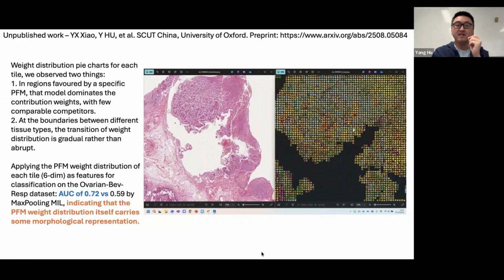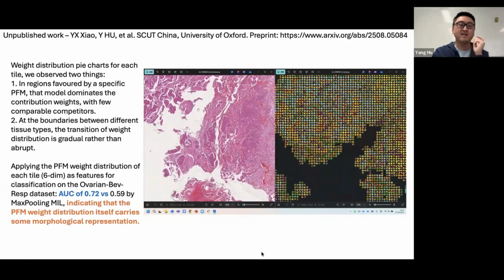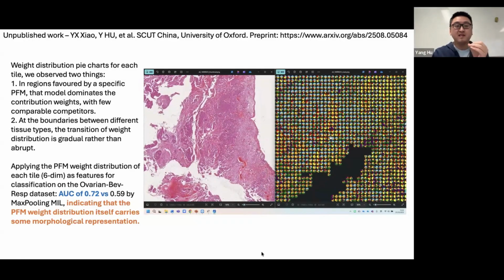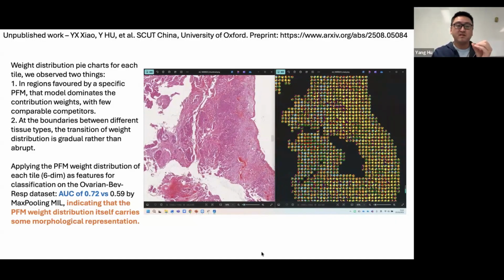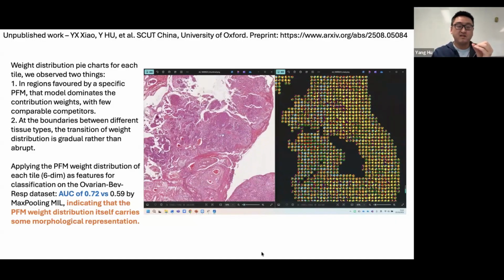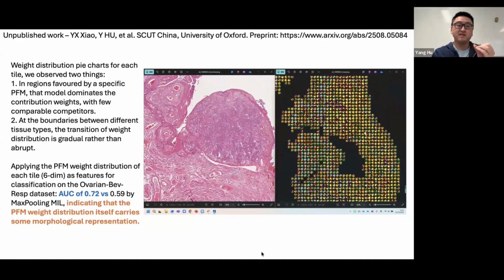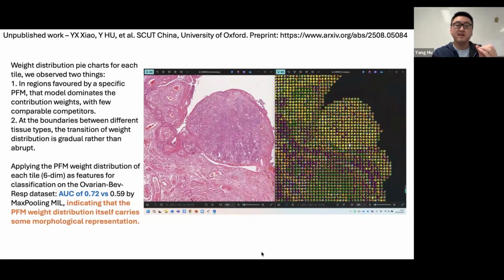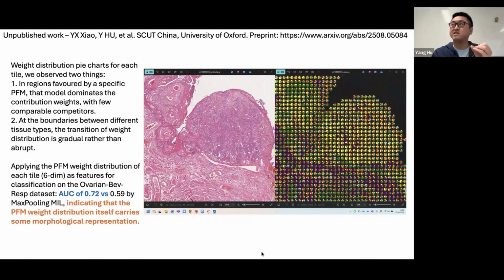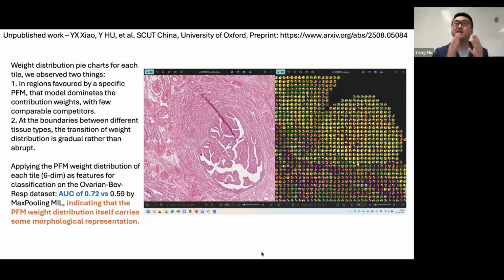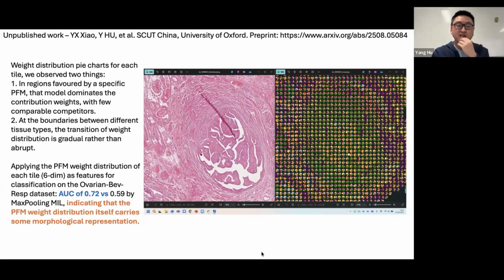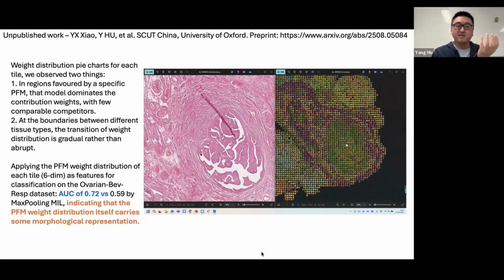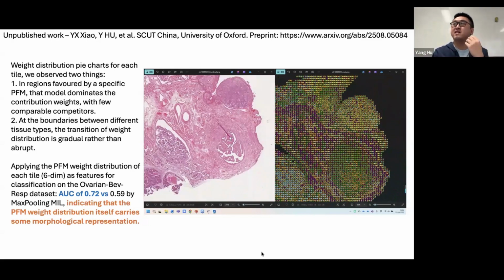We also did a very interesting test. We applied the weight distribution of these foundation models as the feature. That feature space only has 6 dimensions for classification, and we fed it into an aggregate classifier on the ovarian cancer treatment response dataset.